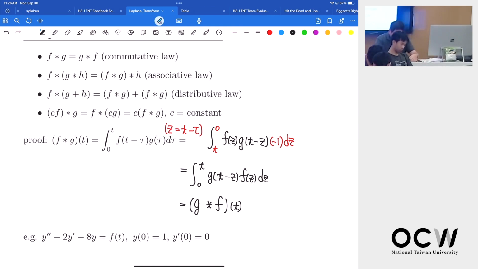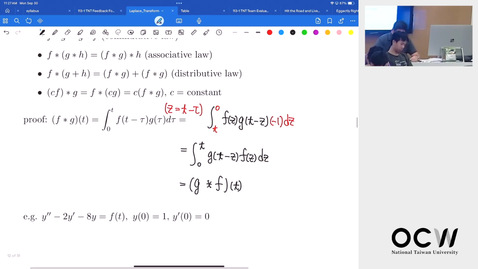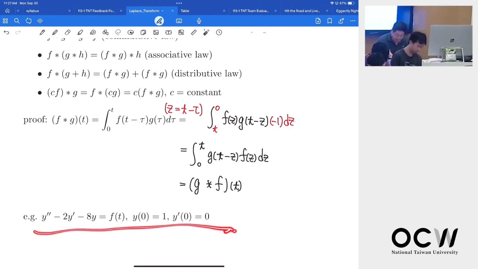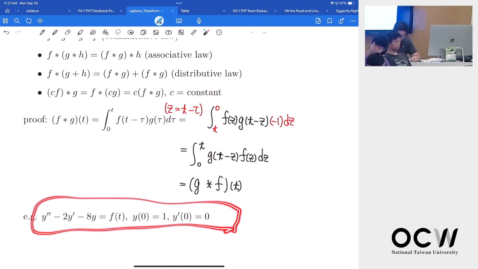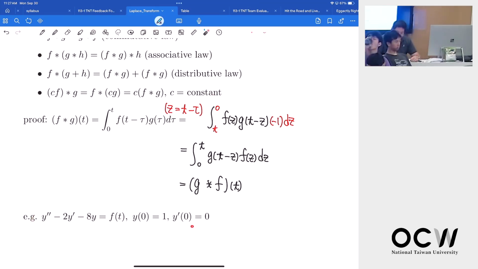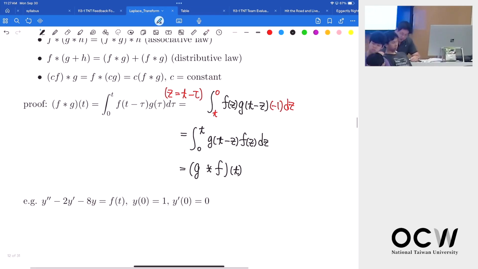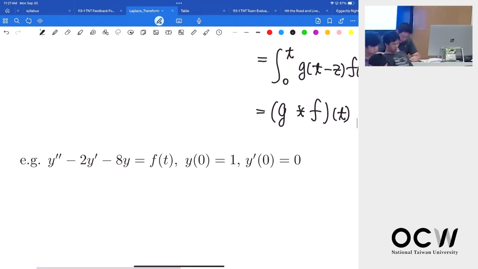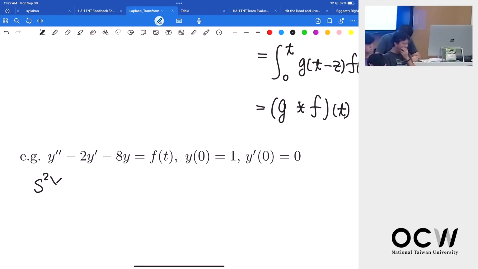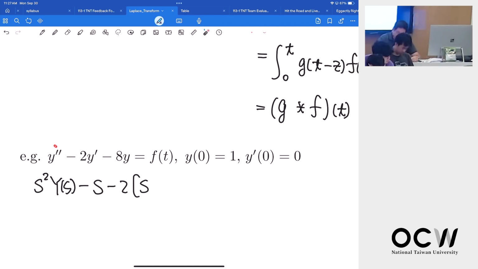So now let's use this concept to find the solution of the following differential equation. Taking the Laplace transform first, we have s squared Y of s minus s minus 2s Y of s. Taking the Laplace transform of y double prime and y prime, you should remember it.